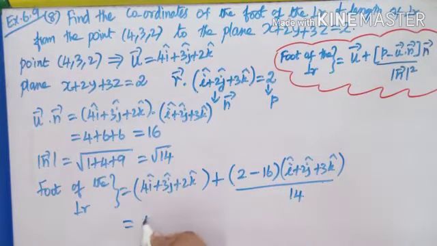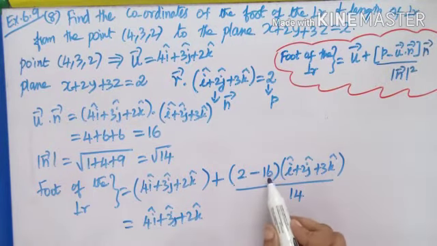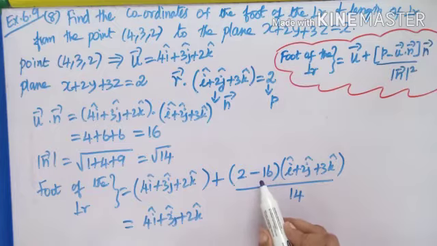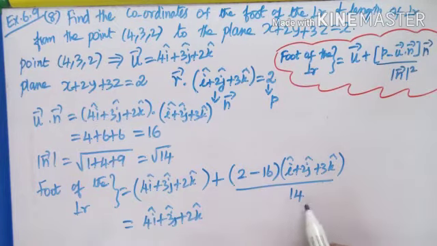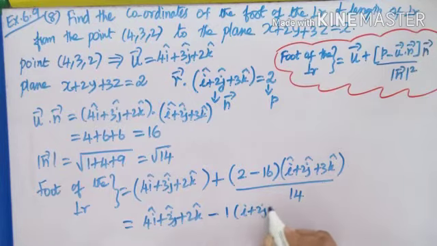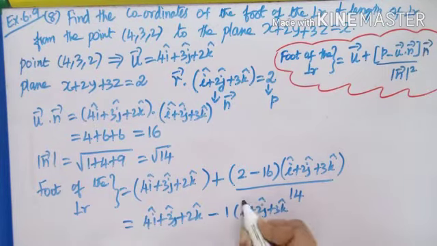So as I simplify, it is 4i plus 3j plus 2k. 2 minus 16 is minus 14. Minus 14 by 14 is minus 1 into i plus 2j plus 3k.